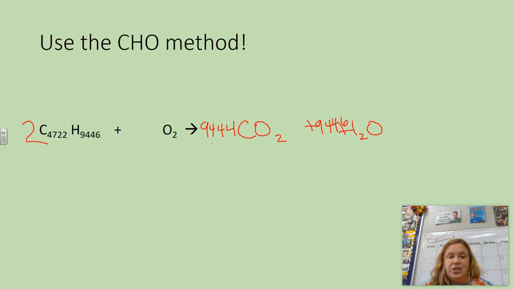Now, to find my oxygens, I take 9,444 times 2 plus 9,446 times 1, and I'm going to get a huge number and divide by 2. So I'm actually going to get right here 14,167. The reason I showed you this problem, which I know looks crazy, is that there are actually molecules this big, but I want you to see you can use the CHO method to solve and balance any type of hydrocarbon combustion reaction.